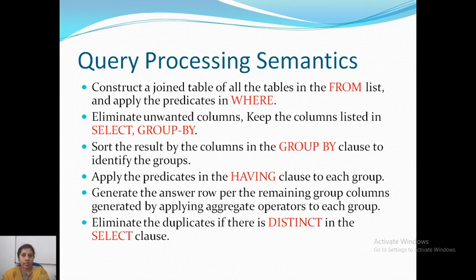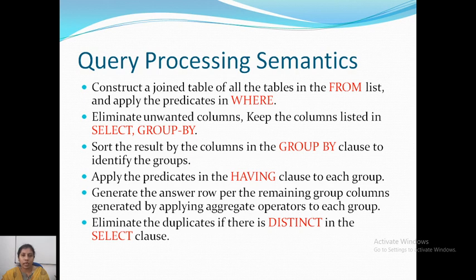Next it will go to select or group by. There it will check what attributes I need to keep in my result. So eliminate unwanted columns, keep the columns listed in select or group by. After this, sort the result by the columns in the group by, like department name or department number. Then apply the predicates in the having clause.